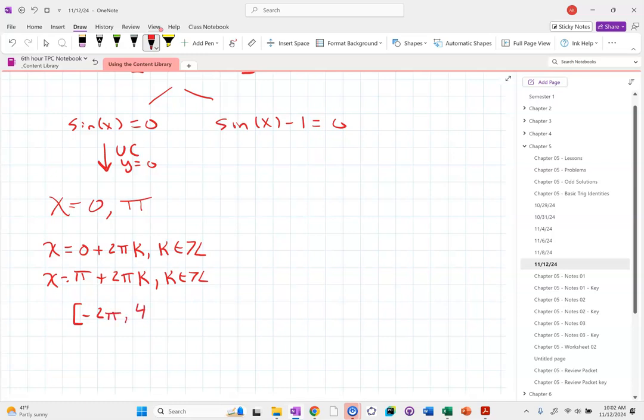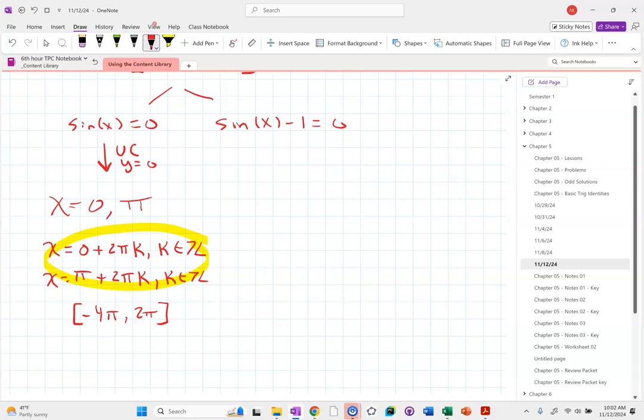And then I need to remember that this problem was going from negative 4 pi to 2 pi. So I need to now use these to find the rest of my solutions, right?